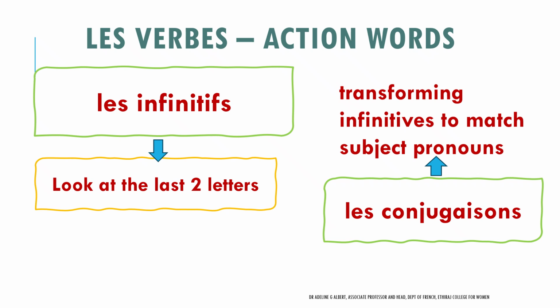So in an infinitive, you identify the verb by looking at the last two letters. This is very important for regular verbs. Irregular verbs, not so much, because you have to memorize them. But if you know a verb is regular and you know which group it belongs to by looking at the last two letters, it will help you conjugate it, or transform the infinitive to match the subject.